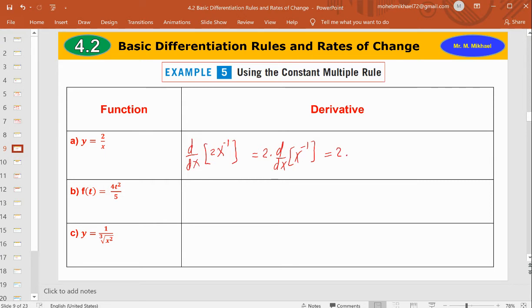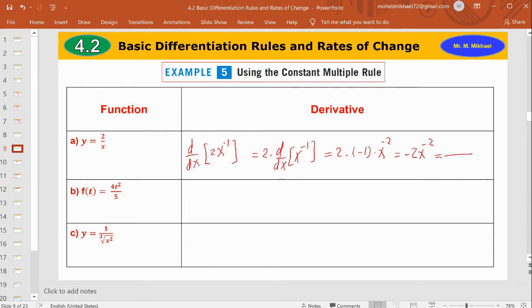Do you remember the power rule? Yeah, you bring this negative 1 down and you reduce the power of x by 1. It was negative 1. Now, when you reduce it by 1, it's going to be negative 2. Now, let me simplify my answer and put it in the simplest form. 2 times negative 1, that's negative 2x to the power negative 2.